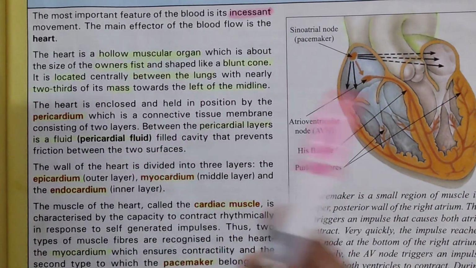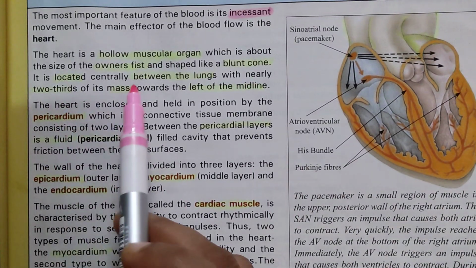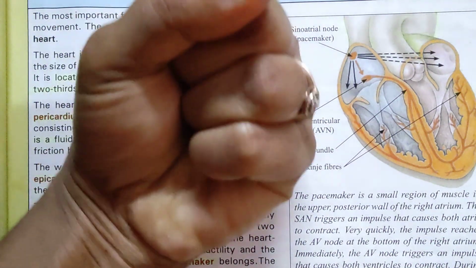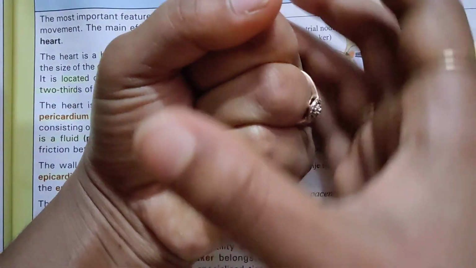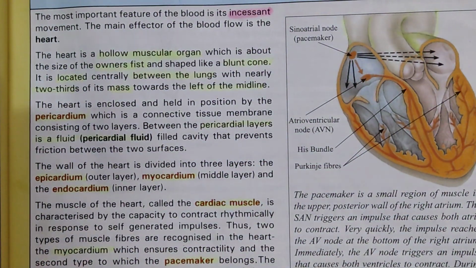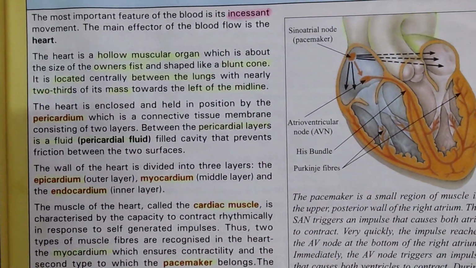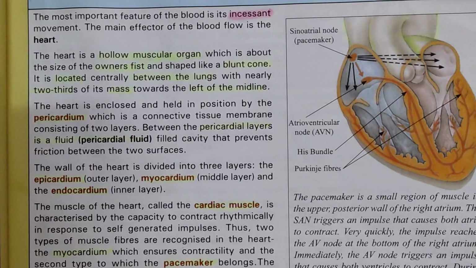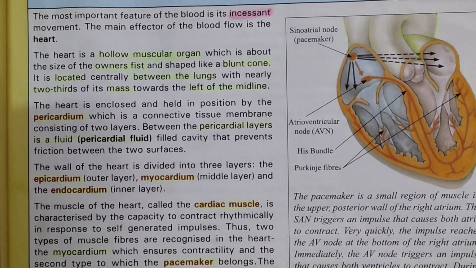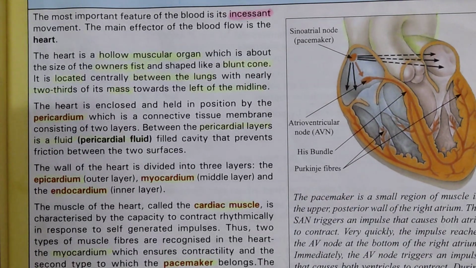So it's a hollow muscular organ which is about the size of the owner's fist. That is my fist, this much. Suppose my fist is this much, so the size of my heart will be this much. That means the bigger your fist, the bigger your heart will be. The smaller your fist, the smaller your heart will be.